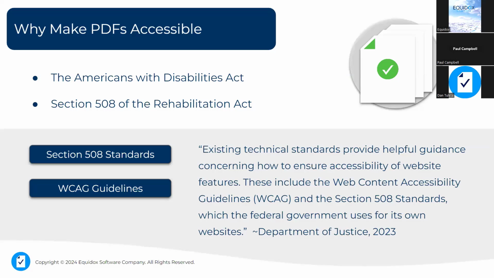I am not a lawyer, so I'm not going to go into the details of all of these laws, but at a high level, there are requirements for organizations to provide physical access like wheelchair ramps, elevators, and braille signage, and organizations need to ensure that their public-facing digital content, including PDFs, is accessible to everyone, just the same as they make sure there's physical access to their buildings and facilities.